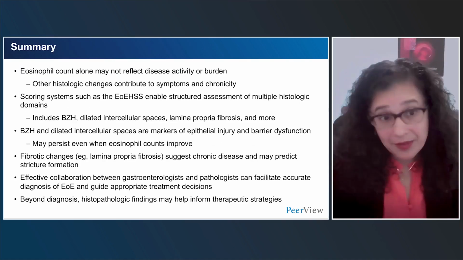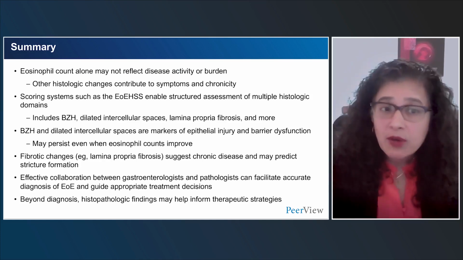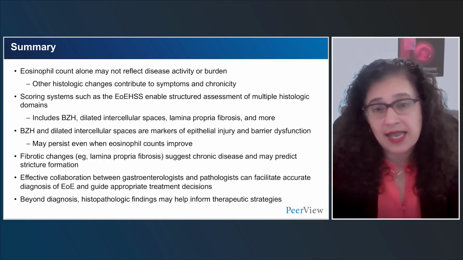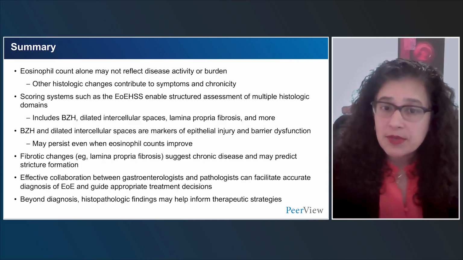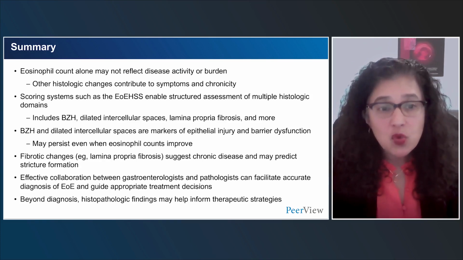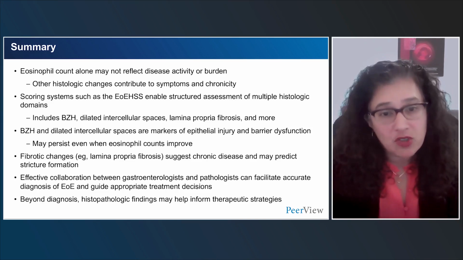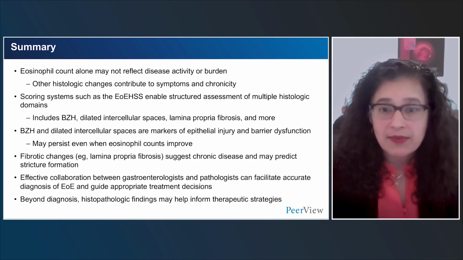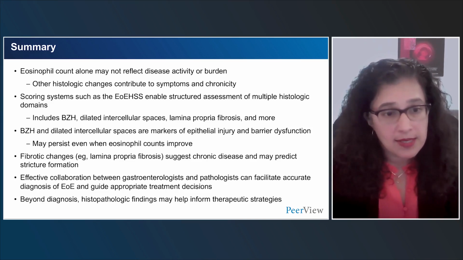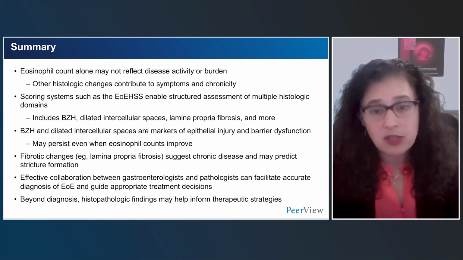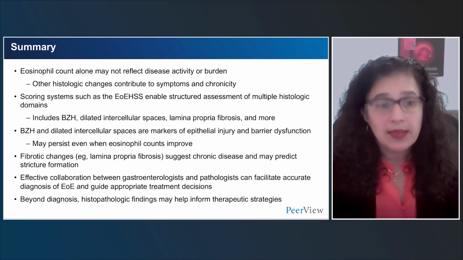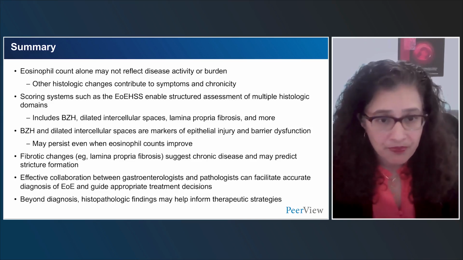So, in summary, eosinophil count alone may not reflect disease activity or burden. Other histologic changes contribute to symptoms and chronicity. Scoring systems such as the EoE HSS enable structured assessment of multiple histologic domains, and that includes basal zone hyperplasia, dilated intercellular spaces, lamina propria fibrosis, and more.